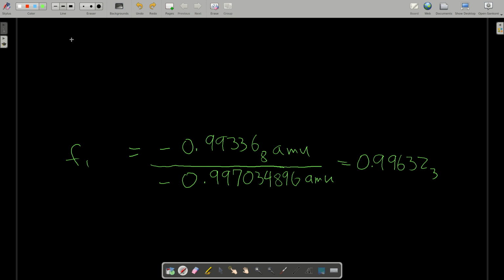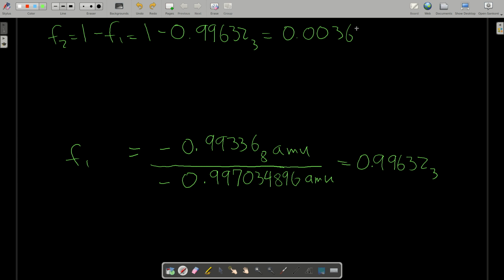To get F2, we just take 1 minus F1. And now to get the percents, we multiply each by 100.